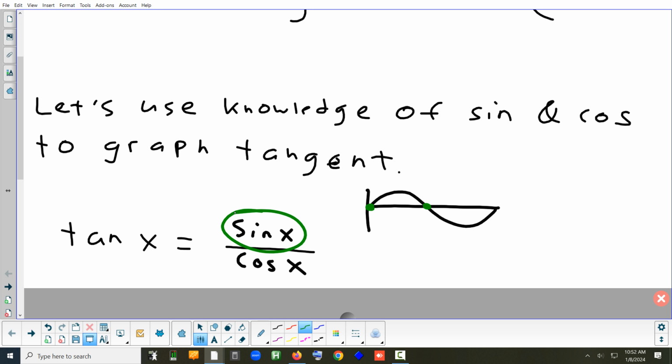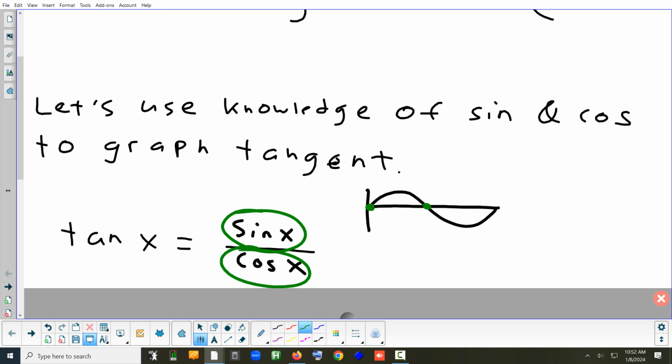So tangent and sine are going to cross the x-axis at the same points. That's what I'm getting at. The tangent will be 0 whenever the top of this fraction is 0, and the top of the fraction is 0 when sine is 0.